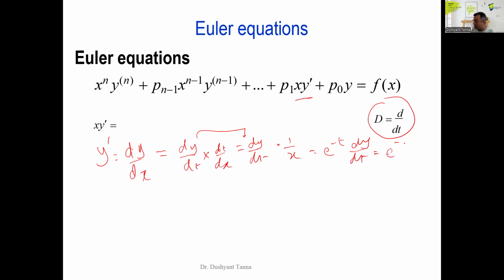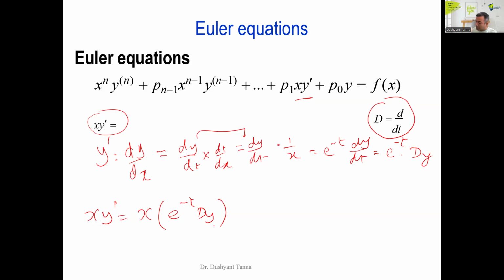Now this is e power minus t. And as you know, d by dt, we are replacing with a capital D notation. So capital D y. Right. So this is your y dash. Okay. Now we wanted to talk about x y dash. So x y dash, which is x, what is y dash? It is e power minus t D y.